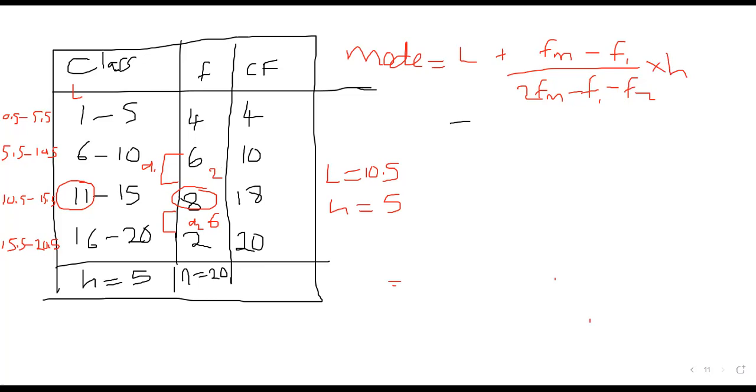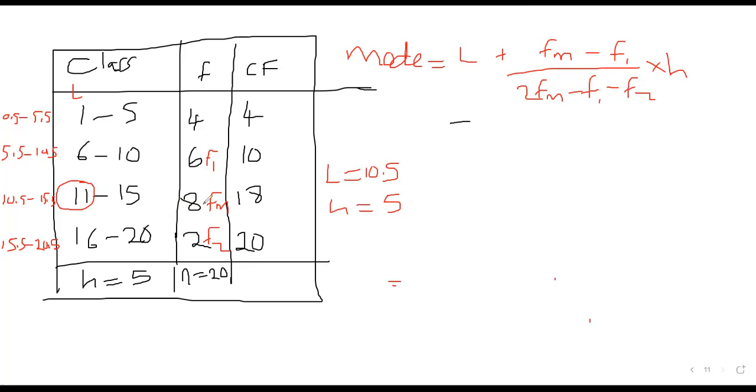So what is F1? What is F2? When you're going into the table here, we identify the highest frequency, we call it Fm. On top of it, F1. Below it, F2.